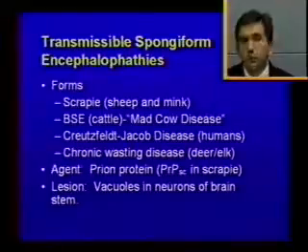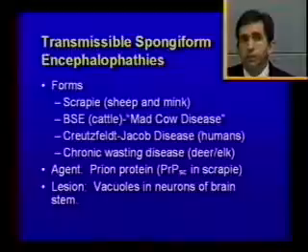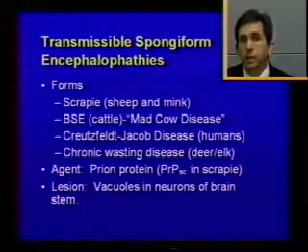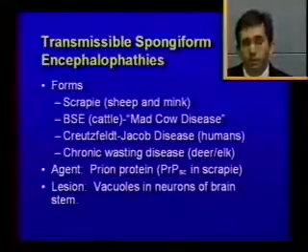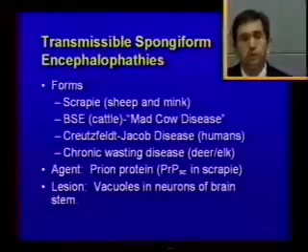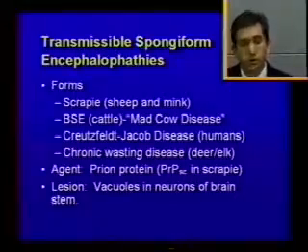BSE was thought to arise through a series of feeding practices in which infected tissue from sheep was fed to cattle, and then this agent then somehow was able to adapt to cattle and then cause this disease known as mad cow disease. There's a very similar disease in humans known as the Creutzfeldt-Jakob syndrome, or disease.